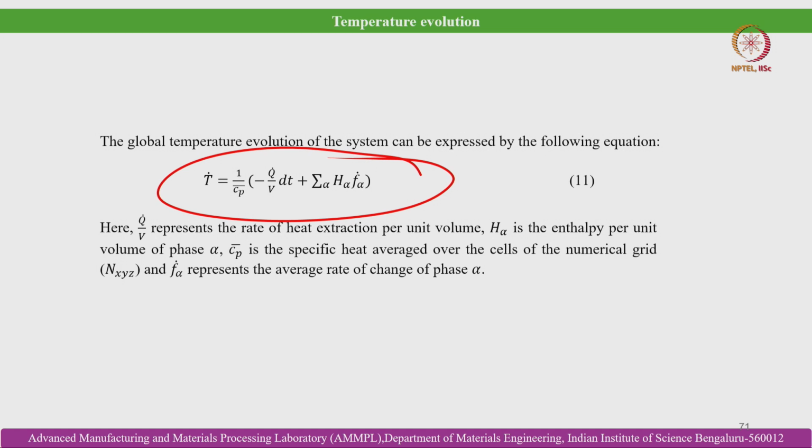Cp bar is the specific heat averaged over the cells of the numerical grid, N x y z, and F alpha dot represents the average rate of change of phase alpha with time. So, F alpha dot is nothing but d/dt of F alpha, the phase fraction, so the change of phase fraction of alpha phase with time is depicted as F alpha dot.